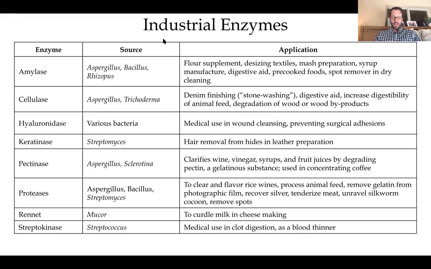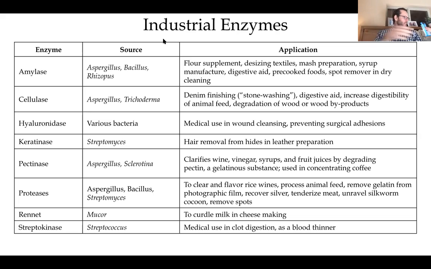Cellulase is an enzyme that breaks down cellulose, which is kind of like a complex sugar in a lot of plants, which is why we don't eat grass. This is why your dogs, if they do try to eat grass, it will either come out undigested or they'll throw it up, because they can't break it down. We don't have the enzyme cellulase.